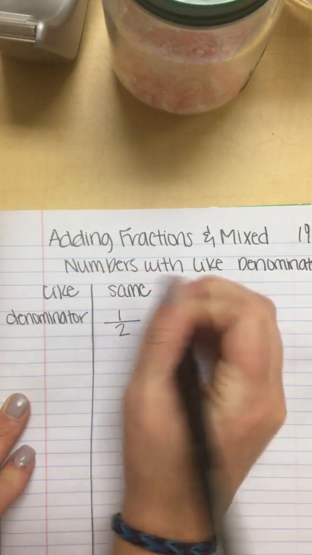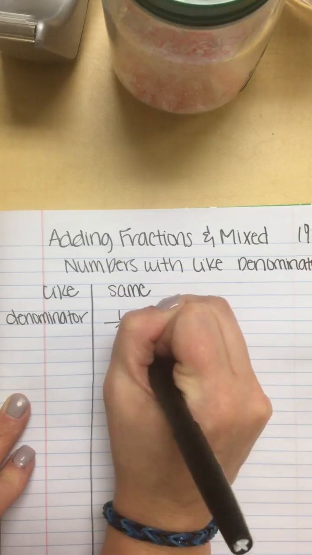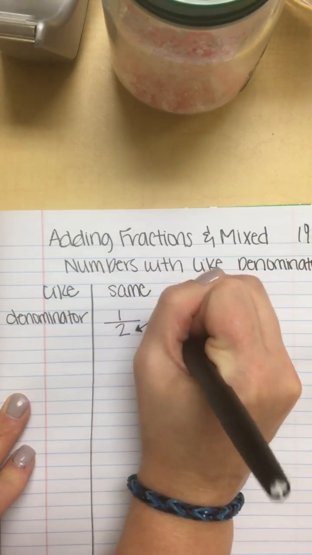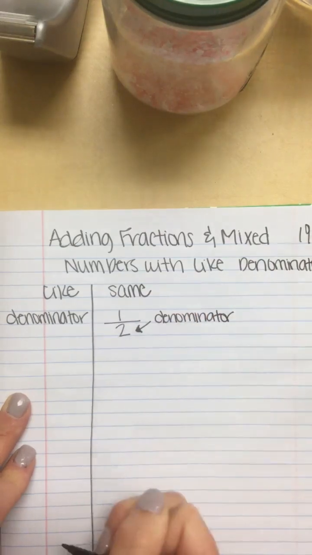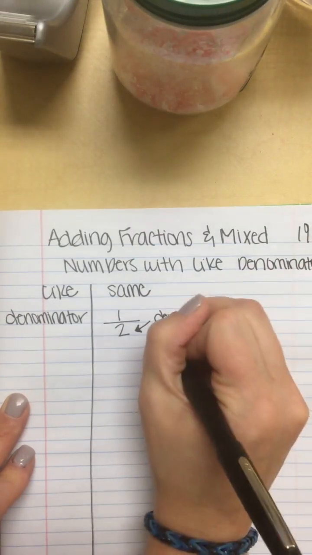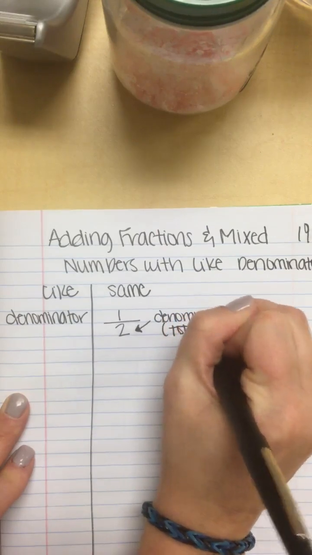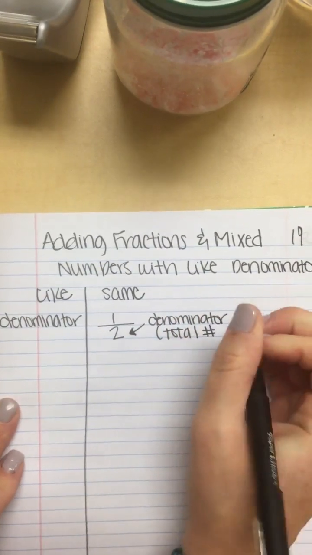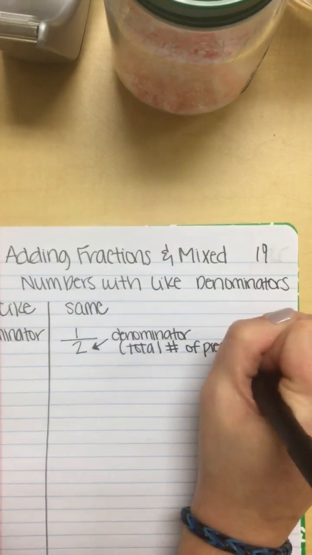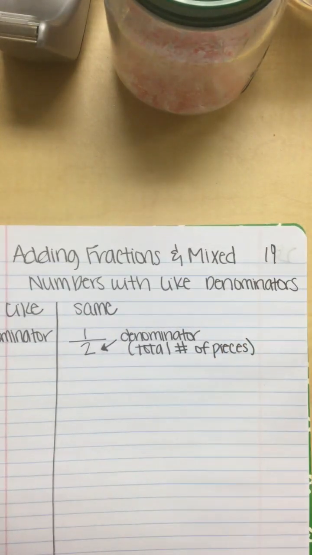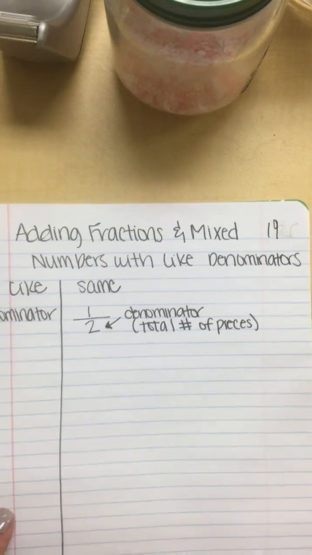So if we have 1/2, the 2 is our denominator. That also means the total number of pieces in our picture. Pieces or parts, however you want to think about it, okay? That denominator is going to be very important in today's lesson.